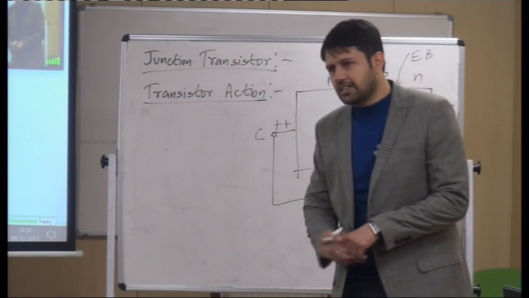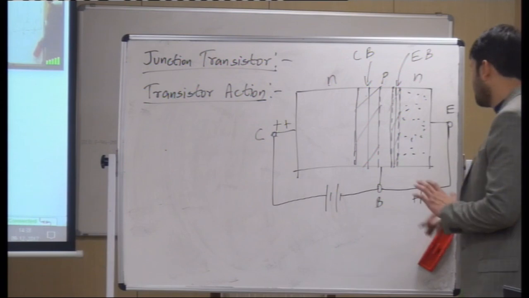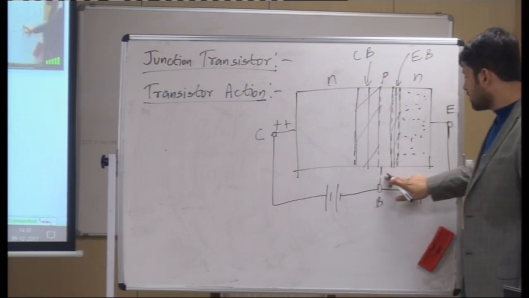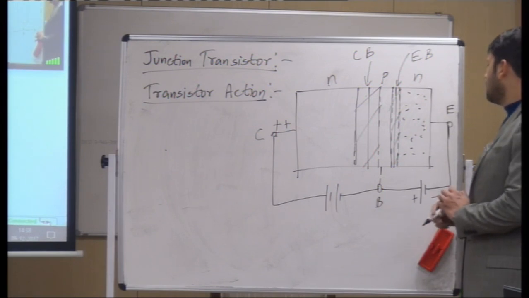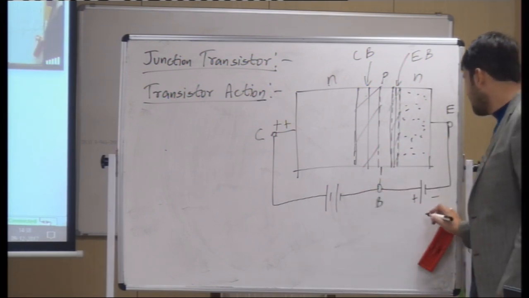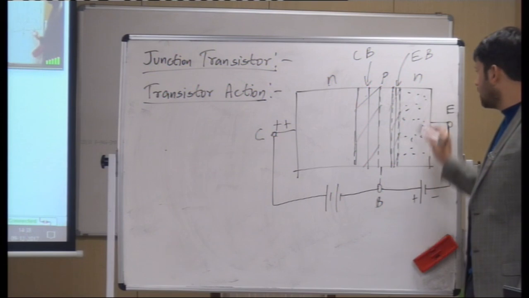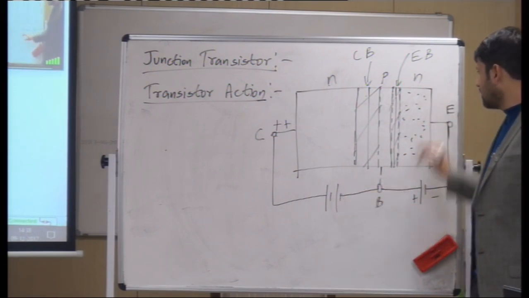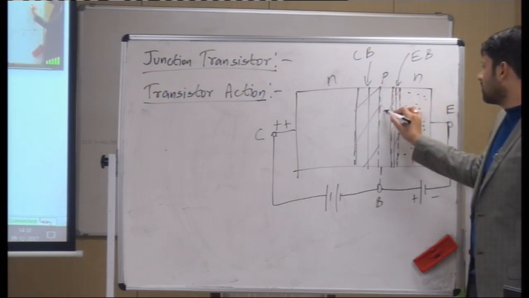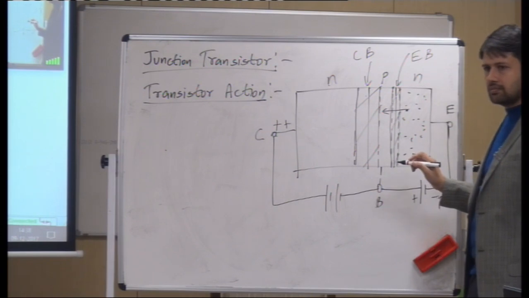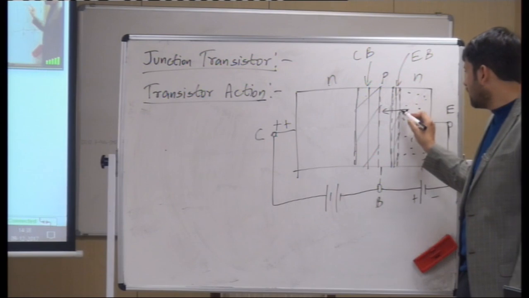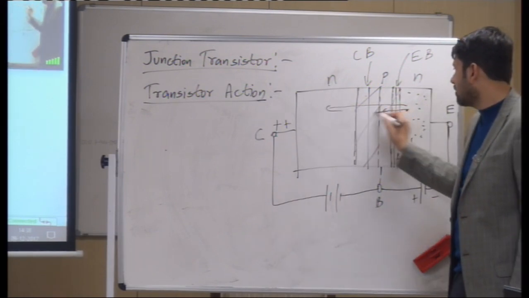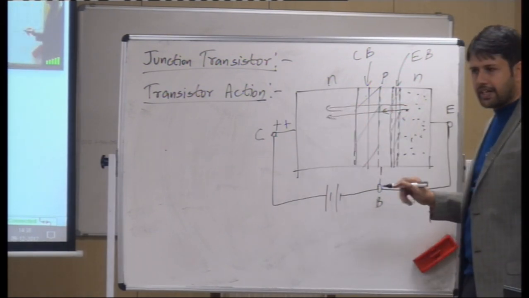Okay, now let's understand the transistor action. Let's say right now the base is not connected. What happens because of the battery action, the biasing, the electrons travel from here to here. And this battery is pulling them, so they would prefer going here as well, right?